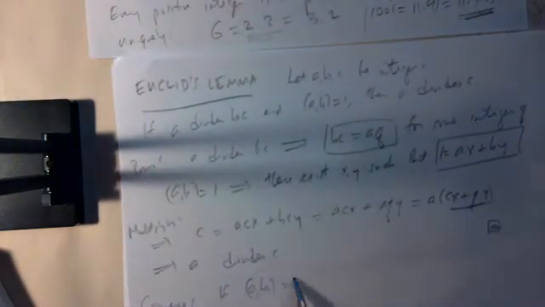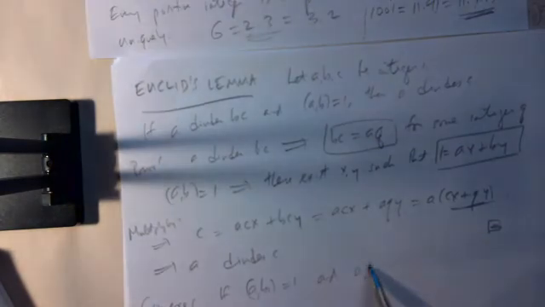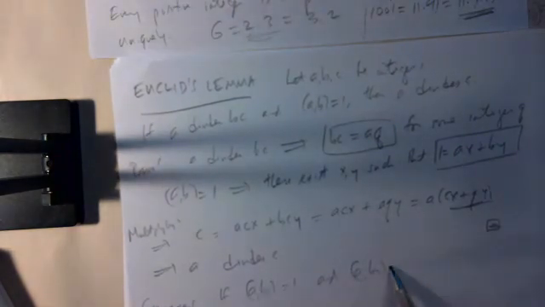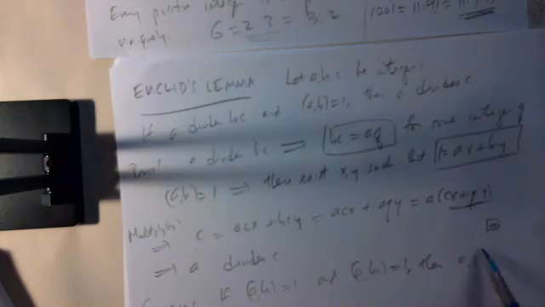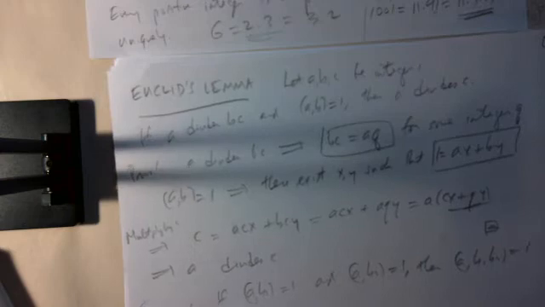So if A is relatively prime to a number B1 and A is relatively prime to a number B2, then A has to be relatively prime to the product. Because if there was a common divisor of A and B1 B2, you would have to divide one or the other.